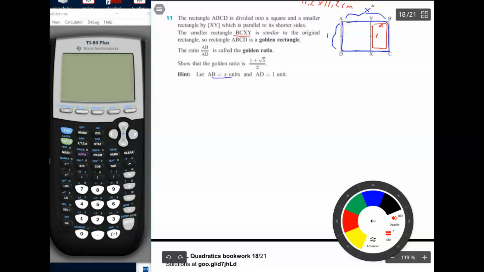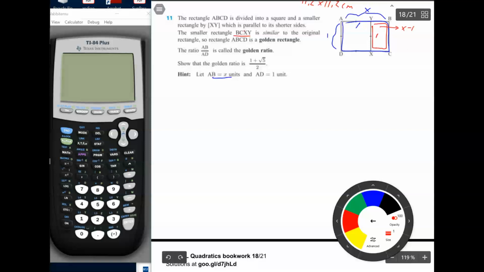Because, like, look, this is a square, right? Since that's a square, we know that its dimensions are 1 and 1. So if I wanted to figure out what A is, it's actually x minus 1, right?